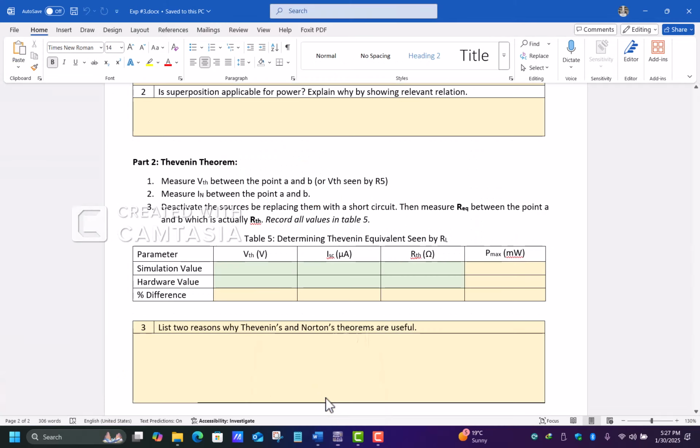So we measure the Thevenin voltage of the circuit and the current in amperes. To calculate the maximum power, we'll use the formula of the maximum power transfer theorem of the circuit. Let me write it down.